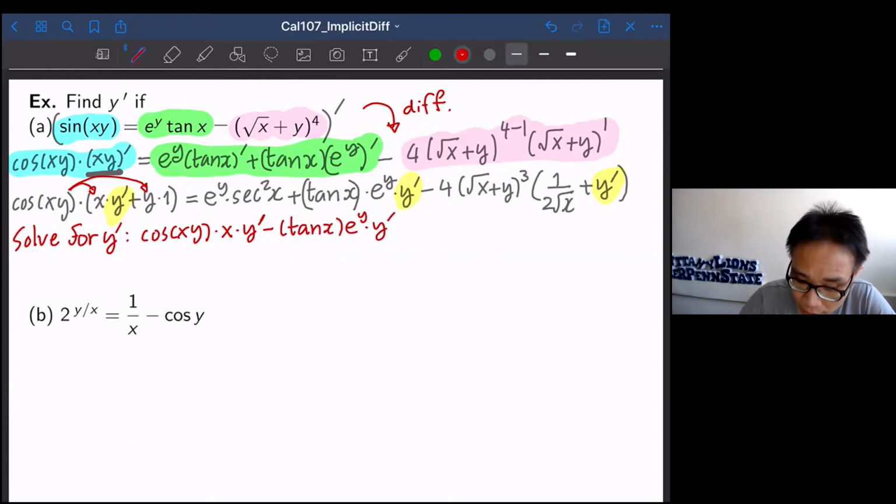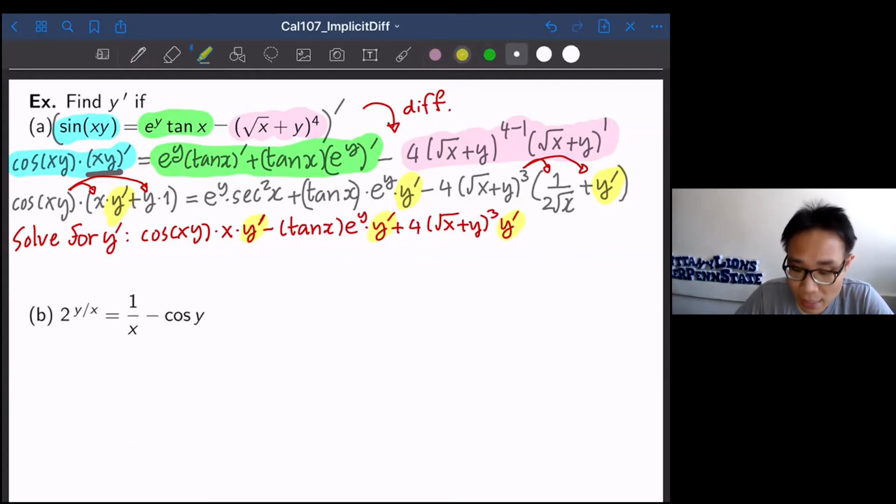Okay, and you have the last term come from this guy multiplied to this guy, and this guy multiplied to y prime. So it's going to be 4 square root x plus y cubed y prime. Okay, so it's gonna be 3 terms.